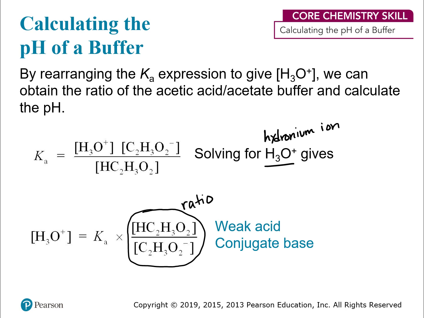So does everybody see how that math is kind of worked out, where you're solving for the H3O plus, and when you rearrange, you end up getting this ratio of acid to conjugate base. I can go through the math if you need me to.